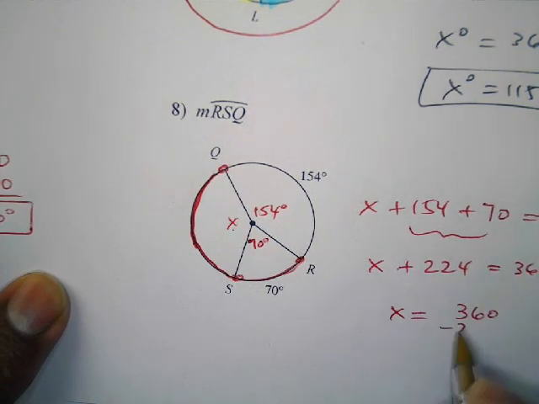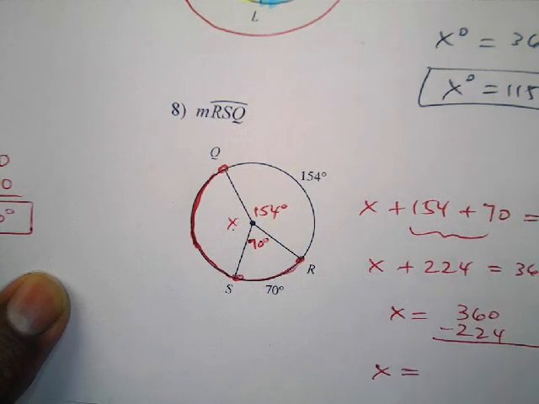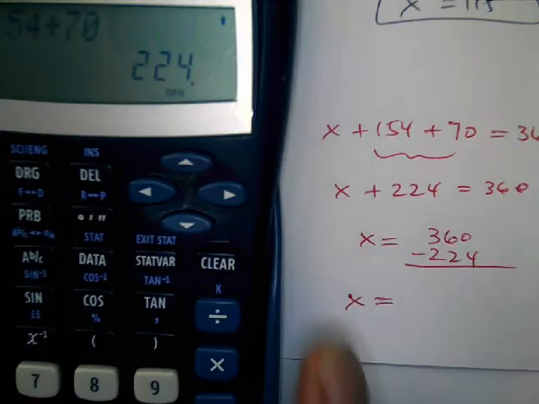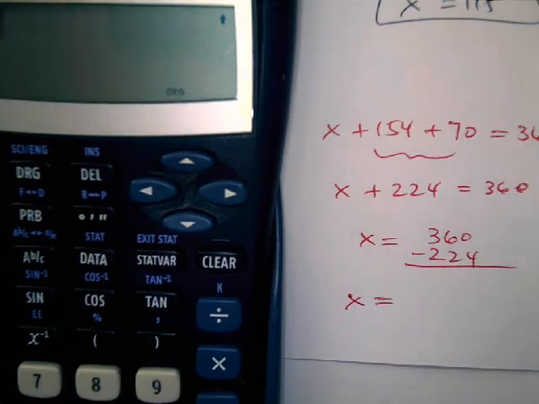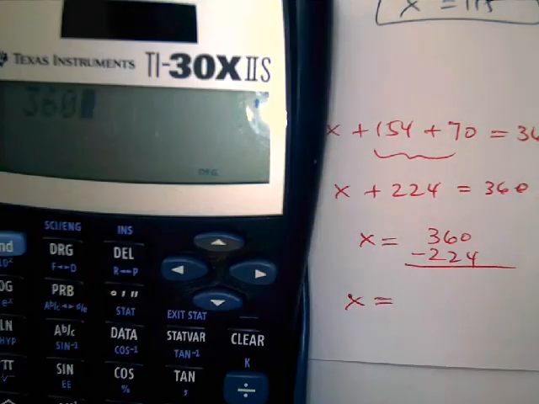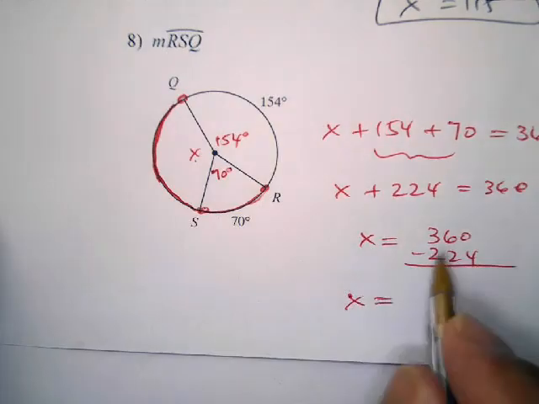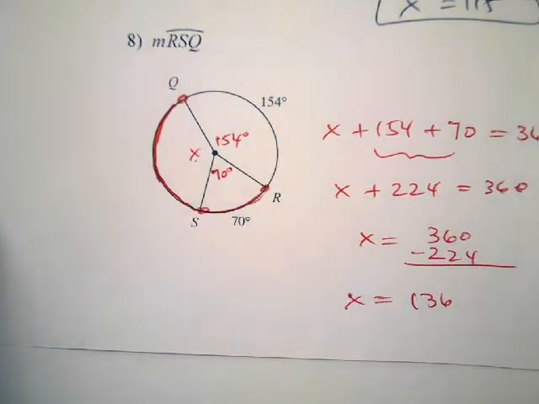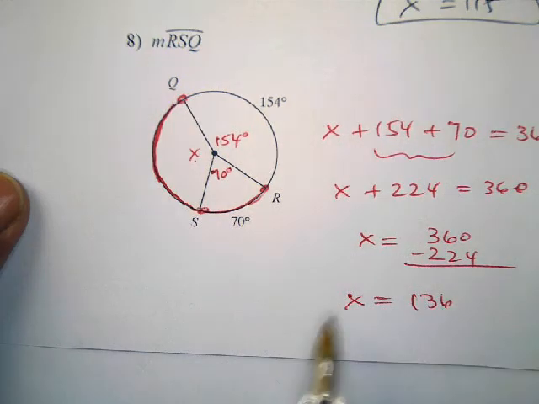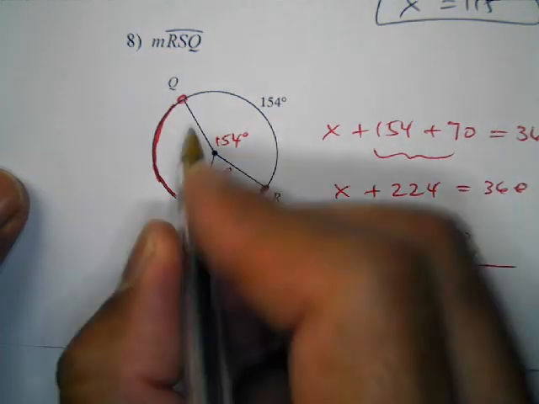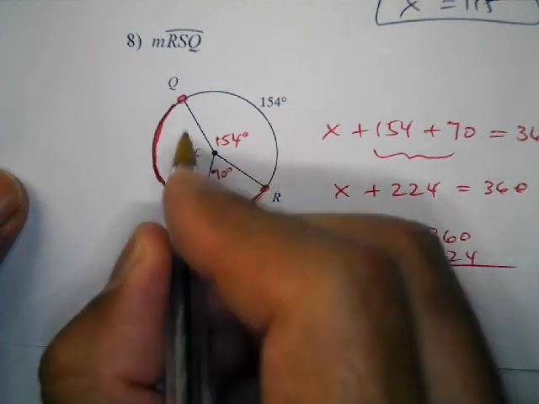That is X plus 224 equals 360. X is going to be whatever, 360 minus 224. That's going to be X is equal to 136.